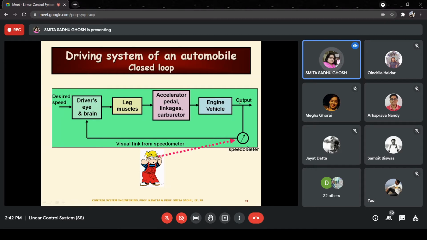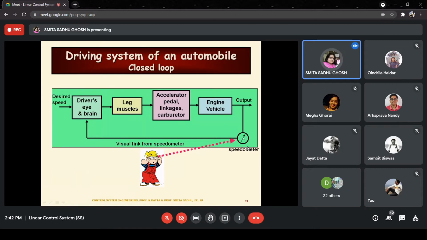But in this model, you find in this particular block diagram that there is a sensing instrument in the form of a speedometer, from where the driver, using his eyes and brain, can look at the speedometer, and his brain is going to do the processing that is going to act as the controller in this particular model. The person is going to take corrective action based on the output value that he sees.